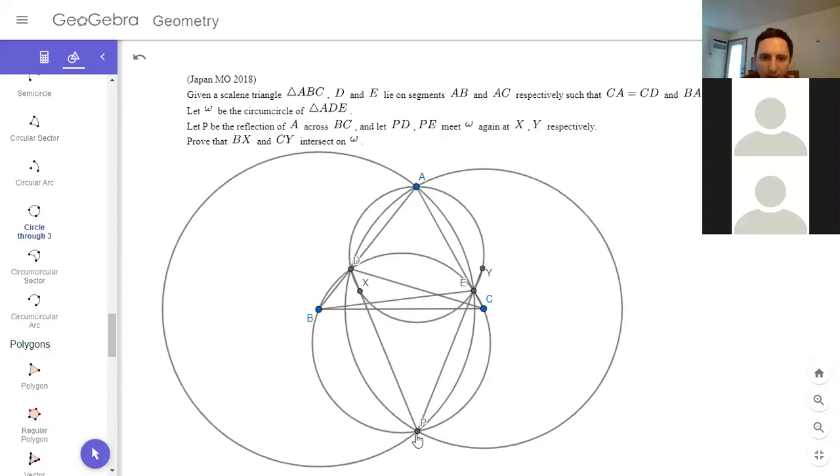Is it obvious? So yeah, how do we show XE, DY, and BC are parallel? So angle PXE is equal to angle DAE, and angle PEX. Actually, I'm not sure.